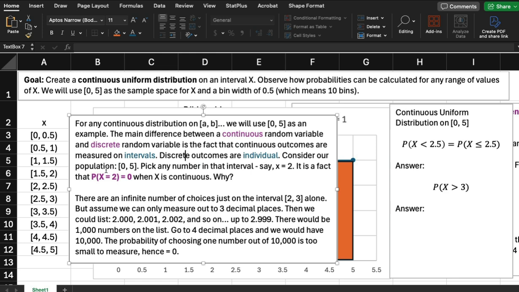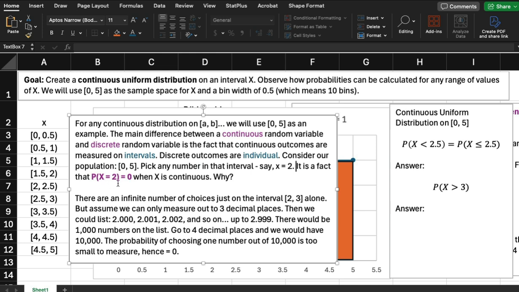All right, consider our population, which is the interval from 0 to 5, and pick any number in that interval, okay? So any number at all. So let's just pick at random. We're just going to pick one. Let's just say it's x equals 2, all right? The thing we need to wrap our head around right now, right off the bat, is that it is a fact that the probability of x equaling a specific number, one number, is always going to be 0.